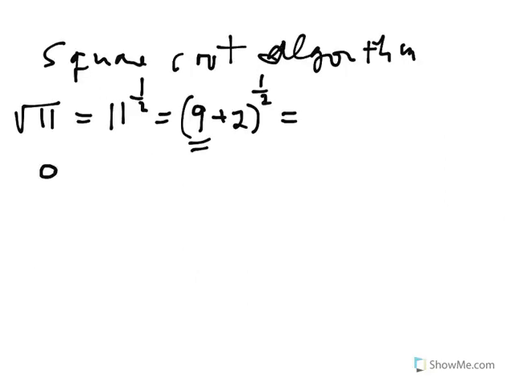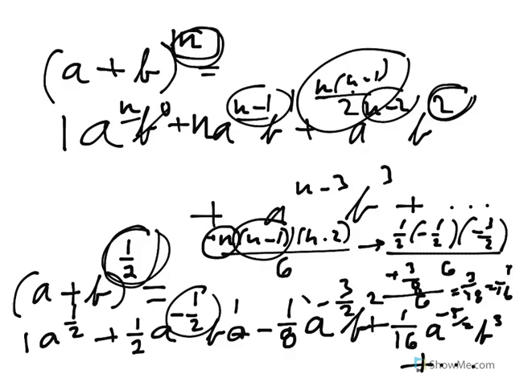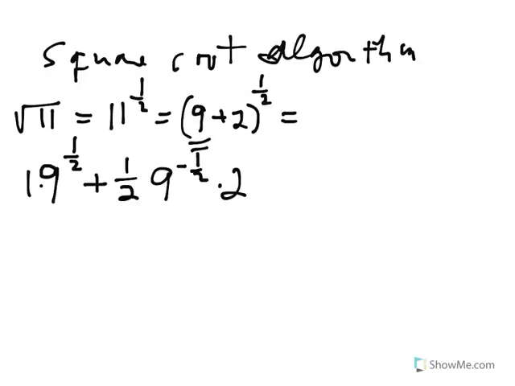is a to the 1/2, 1a to the 1/2, plus 1/2 a to the minus 1/2 times b. The third coefficient ended up becoming negative 1/8, a to the minus 3/2 times b squared.